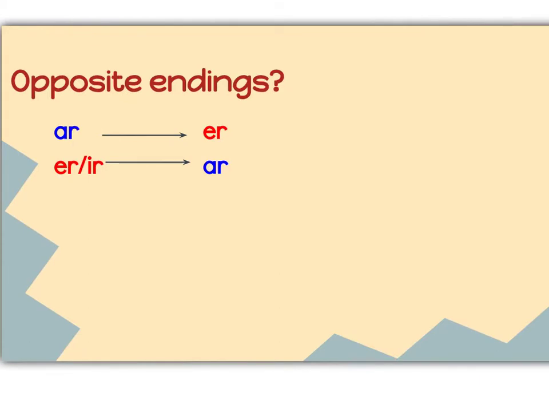If you have an AR verb, you're going to conjugate the endings into the ER present tense endings. If you have an ER or IR verb, then you're going to conjugate it into an AR ending. This is how I would get hable from hablar. I have hablar, which is an AR ending, and I'm going to give it ER endings.